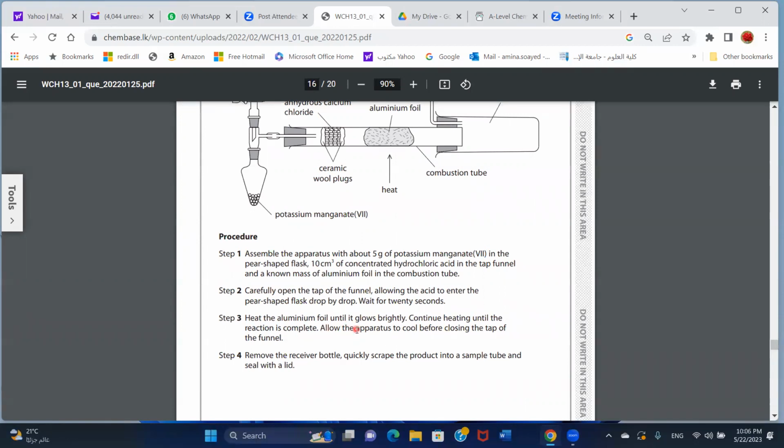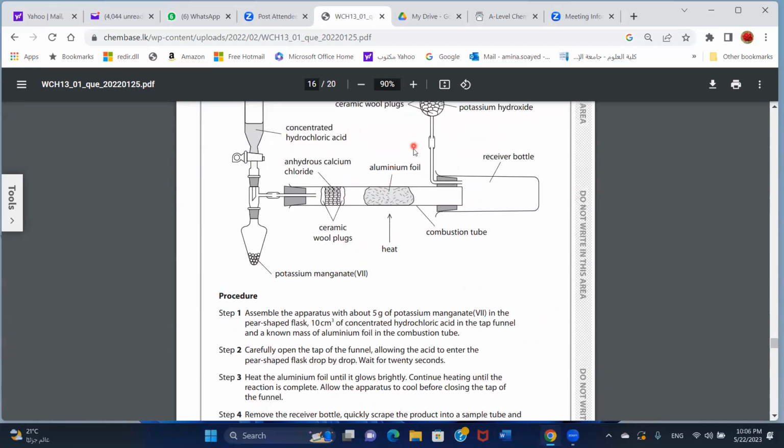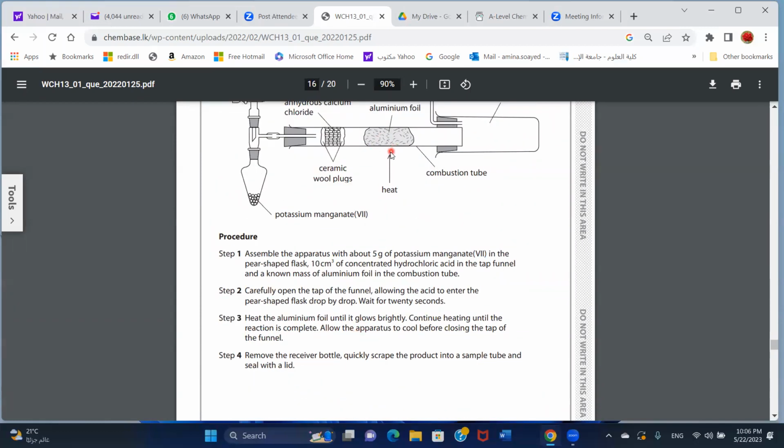There's solids forming in the receiver flask. Yes, there is a solid that is formed, which is the aluminum chloride. But how can we know that all the aluminum is now aluminum chloride? No aluminum is present. Okay. Yes, excellent, Mavi, because they said here to heat the aluminum foil until it glows brightly.